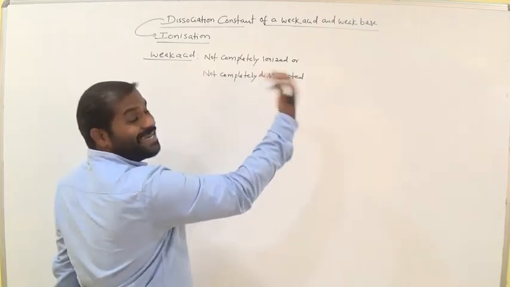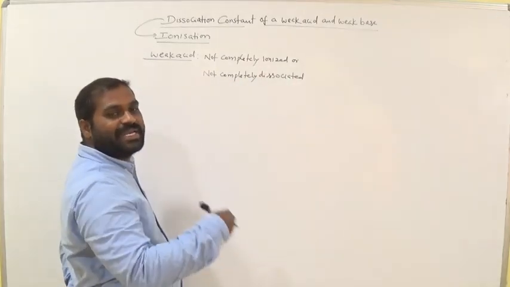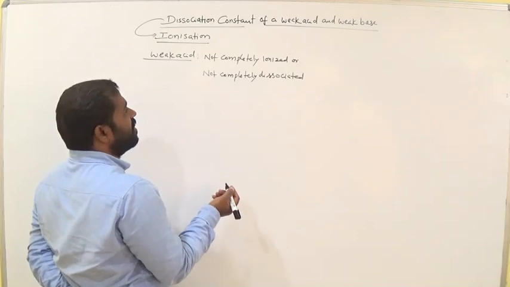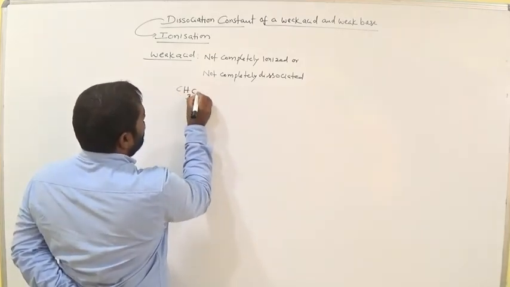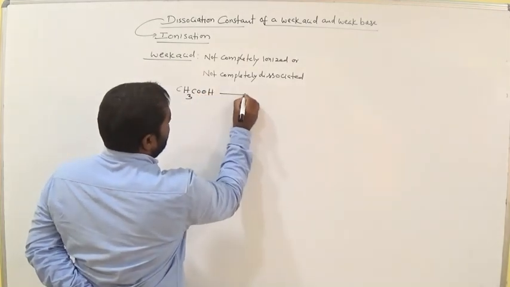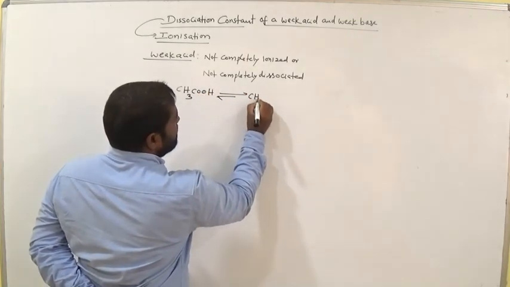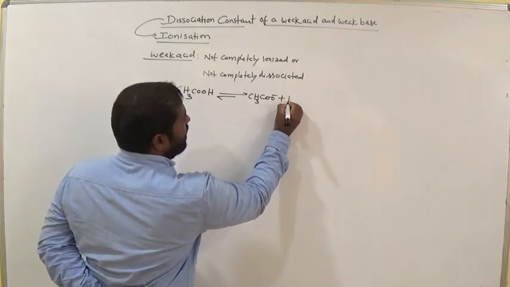Weak means not completely ionized. Ionized means it splits into ions. Example: acetic acid is ionized as CH3COO minus and H plus.